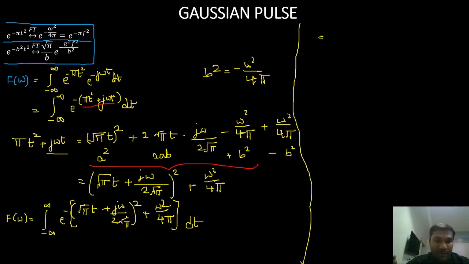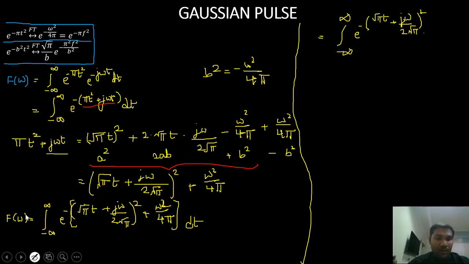So integral minus infinite to infinite, e power minus root pi t plus j omega by 2 root pi, whole square, into e power minus omega square by 4 pi.